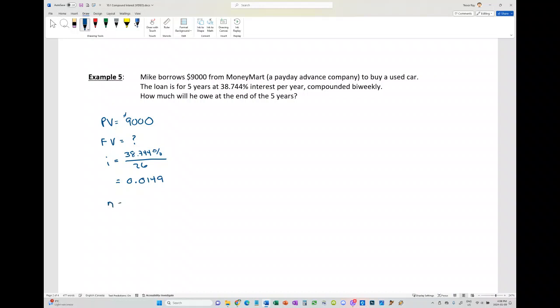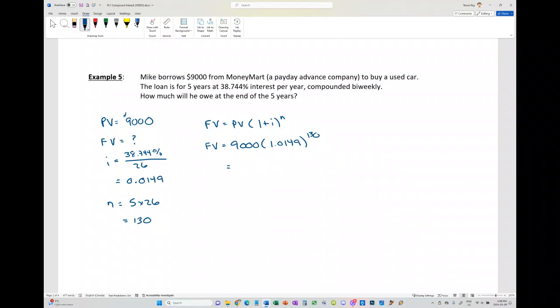And the number of compounds is 5 years, 26 times a year, which is a grand total of 130 biweekly periods. All right, so future value equals present value times 1 plus I to the n. That's $9,000 times 1.0149 to the exponent 130.